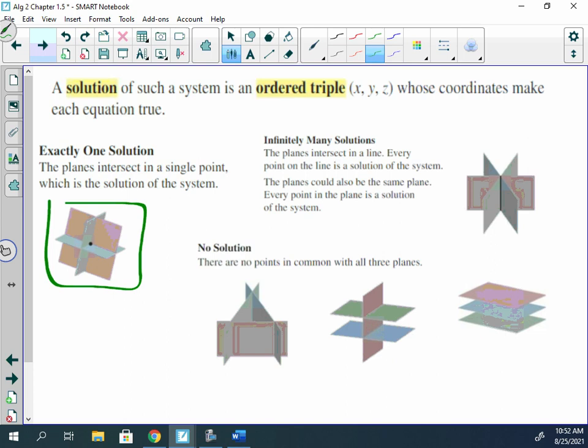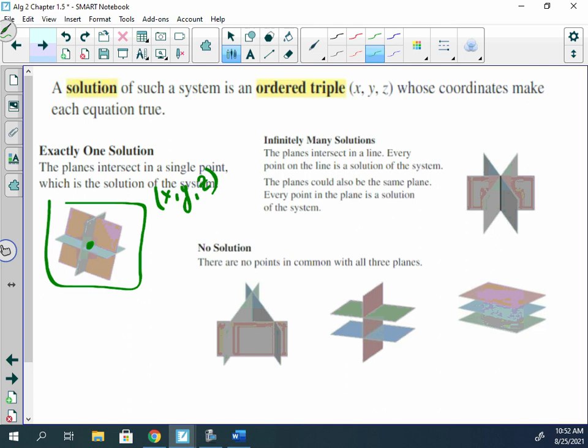So if it's just a point, that means all three planes intersect at exactly one spot, a location. And we're trying to find that x, y, z value right here in the middle where all three cross. It has to be true for all three.